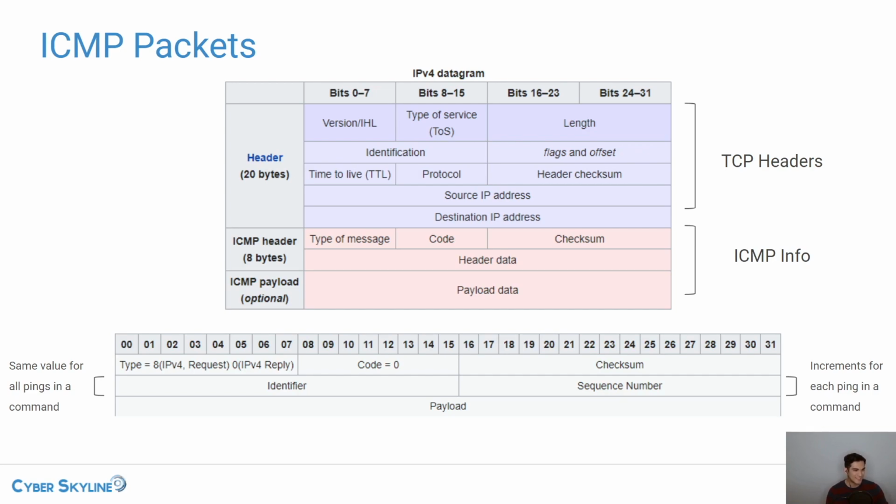There's also the second byte, this code. I don't know what this was intended for, but code is always set to 0, so we can ignore that. And then the next 2 bytes are the checksum. I mentioned checksums before. To simplify it, there is a math function which will take the contents of the data here and convert it into a number that is 2 bytes long.